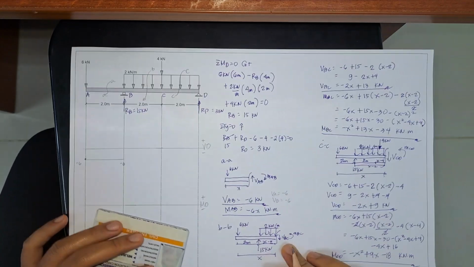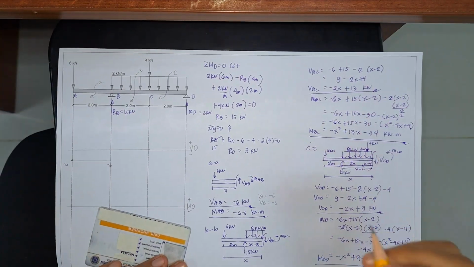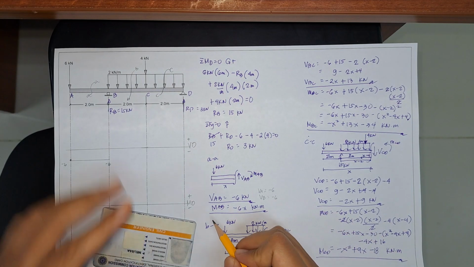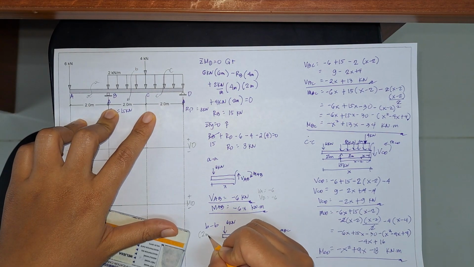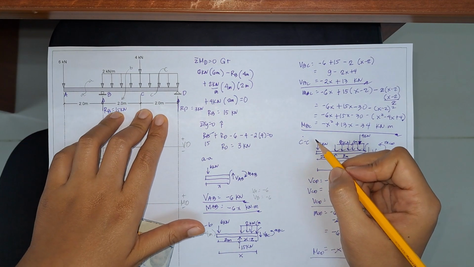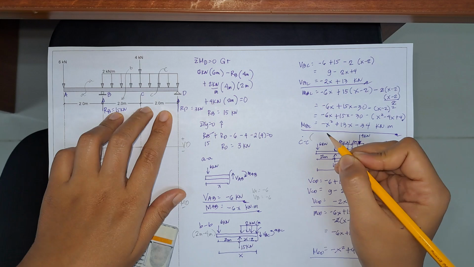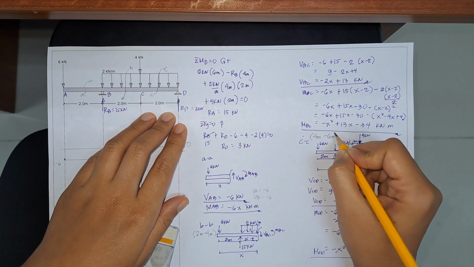Okay. And then, next one, nandito na po tayo sa segment BC. So, identify yung distance na gagamitin. So, for BC, we will be using 2 to 4. Okay? 2 meters to 4 meters. Tapos, sa segment CD, we will be using distance 4 meters papuntang 6 meters.